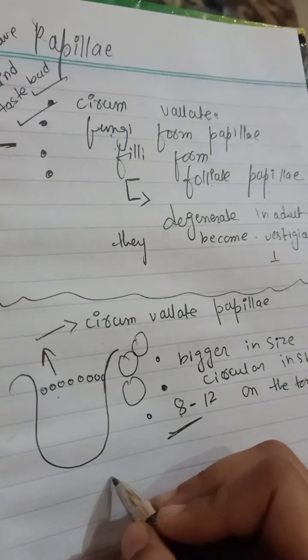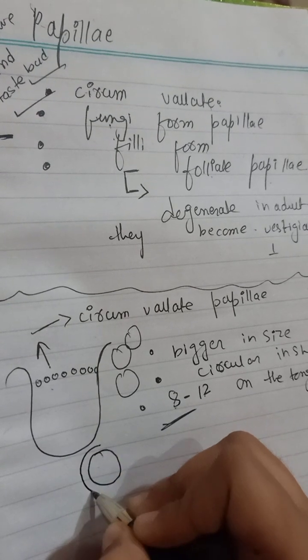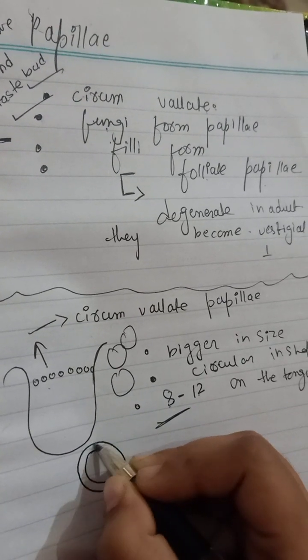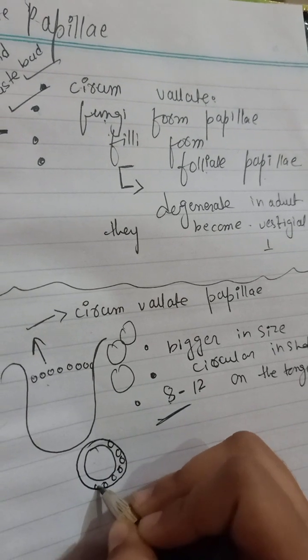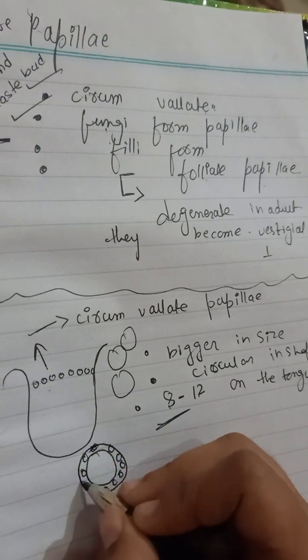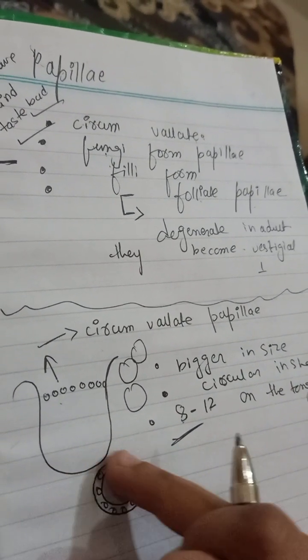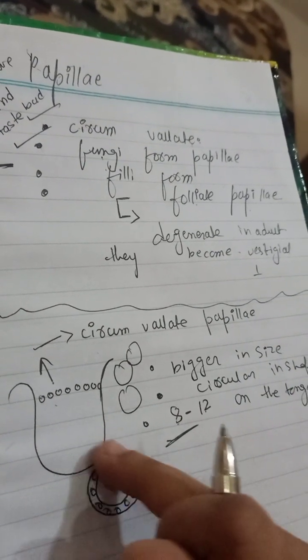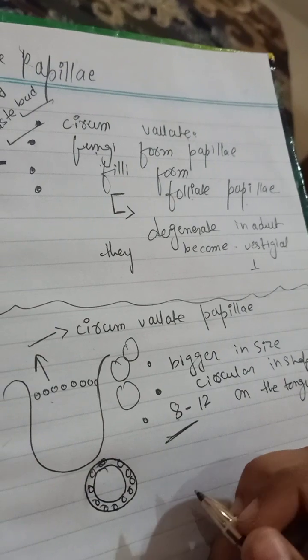As you can see, these are present posteriorly, not entirely, at the back of our tongue. And you can see this is the papilla, and there is a disc like structure, the wall of the papilla, where the taste buds are present in actually.